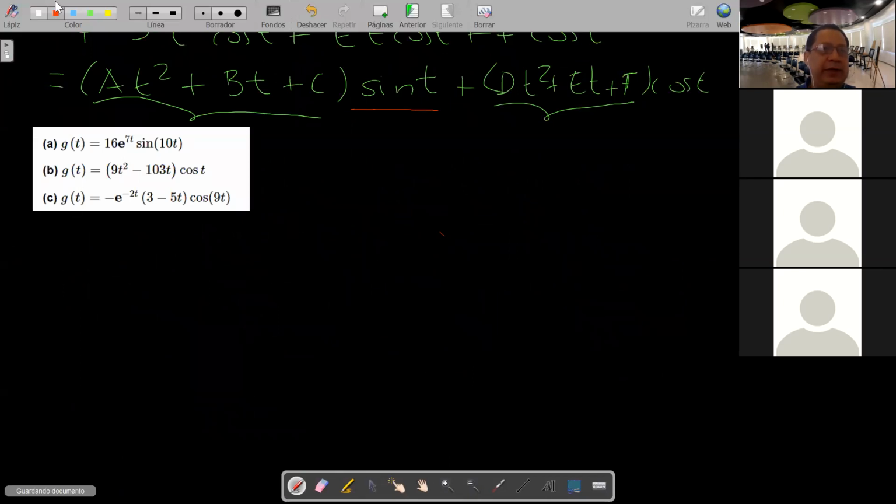Now let's write down the guess for our third case for the C. We have a product of an exponential times a polynomial times a cosine. So we can consider the product of an exponential times something.